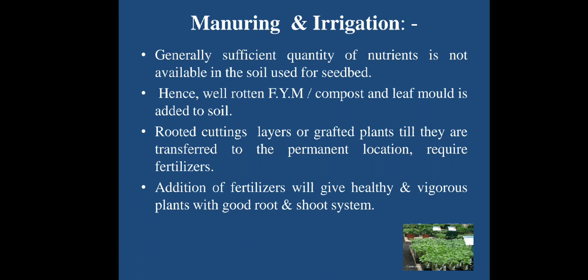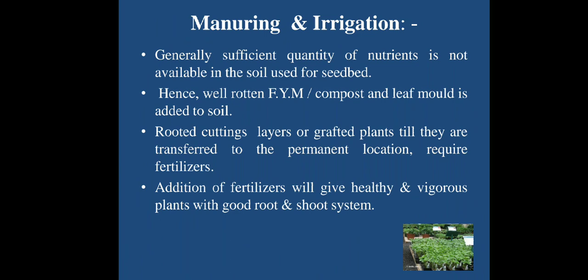Manuring and irrigation are very important. Generally, sufficient quantity of nutrients is not available in the soil used for seedbeds. Hence, well rotten farmyard manure, which is a compost, and leaf mold are added to the soil. Rooted cuttings, layers and grafted plants require fertilizers till they are transferred to the permanent location.